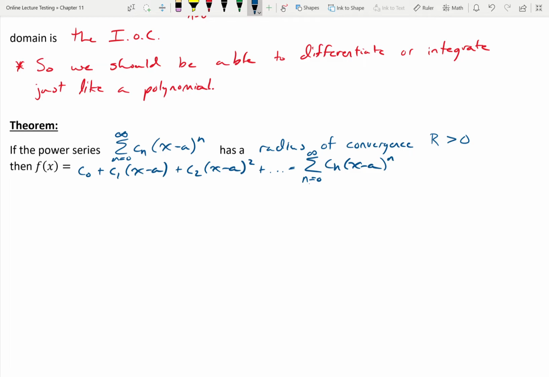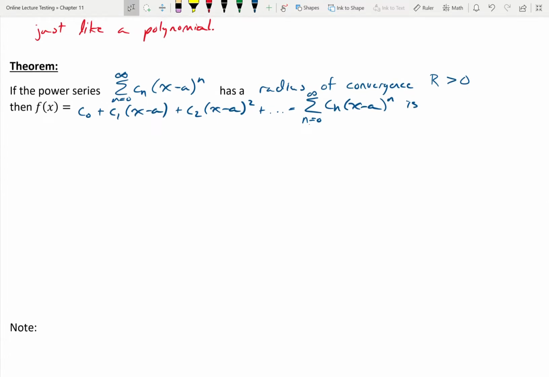So this function is differentiable on, and another way to write that is continuous. Differentiability implies continuity, but continuity does not imply differentiability. So if it's differentiable, then it's continuous on a minus r to a plus r.